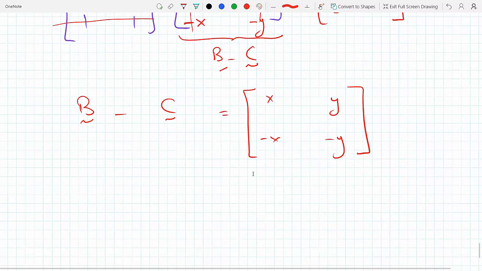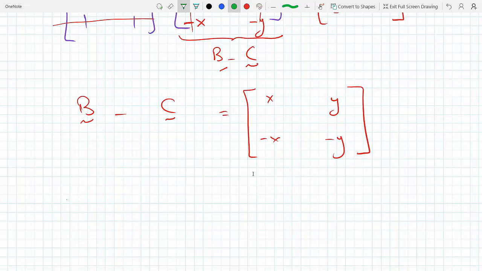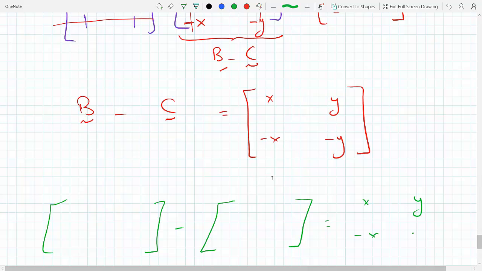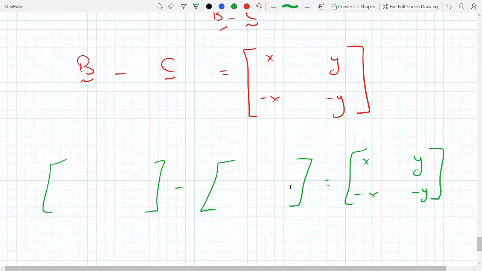Okay, now here it's easy to come up with some answers clearly. So let's go ahead and do that. So we have a 2 by 2 minus a 2 by 2. They're supposed to be different, and I'm supposed to get X Y, minus X minus Y here. Well, you can think of many different combinations here.